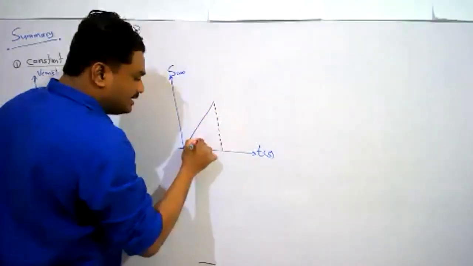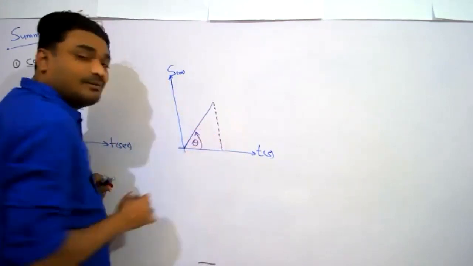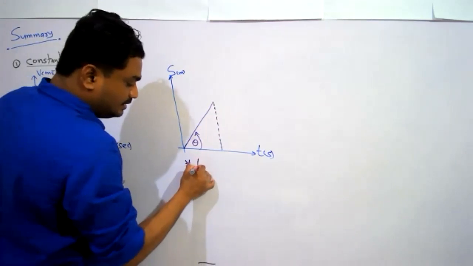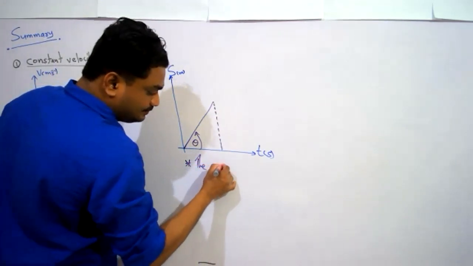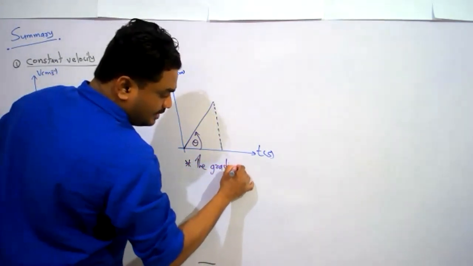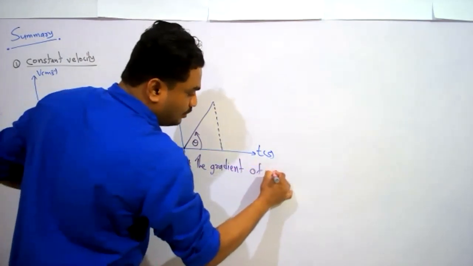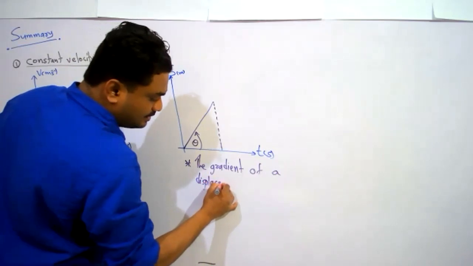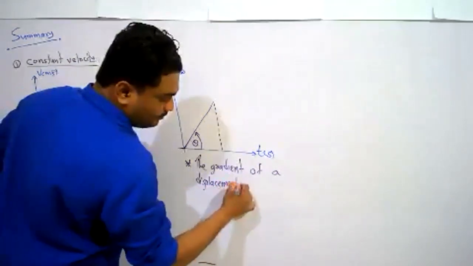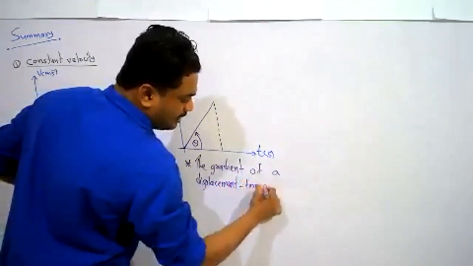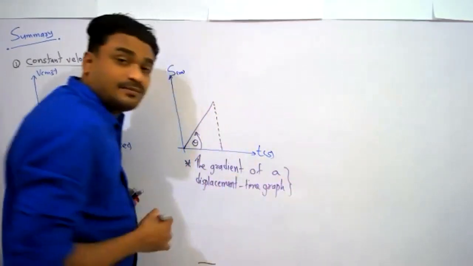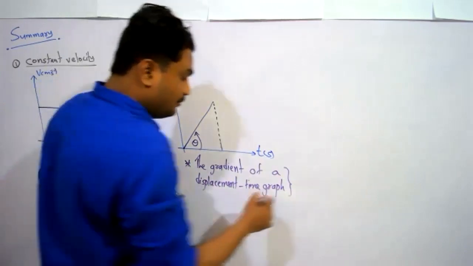If I mark this angle as theta, the gradient of a displacement time graph is equal to the velocity.